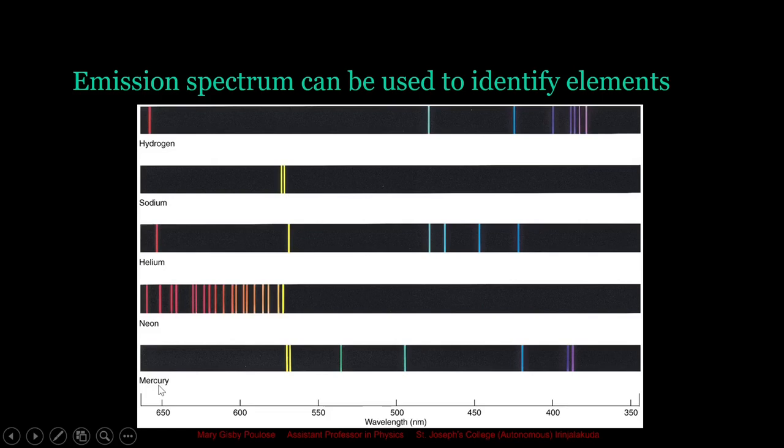So the emission spectrum is a type of fingerprint for each element, each gas. It can be used to identify which gas is present. If we have an unknown gas mixture, by studying the emission spectrum from that mixture, we can identify which types of gas are in it.